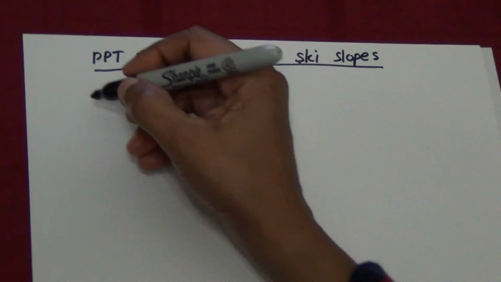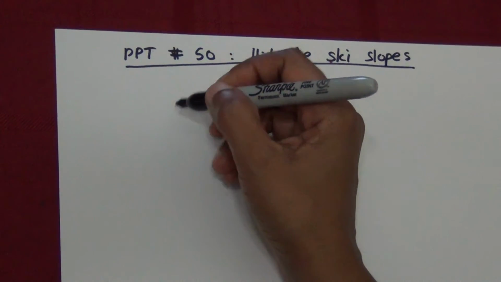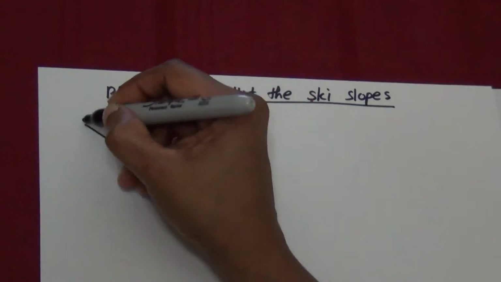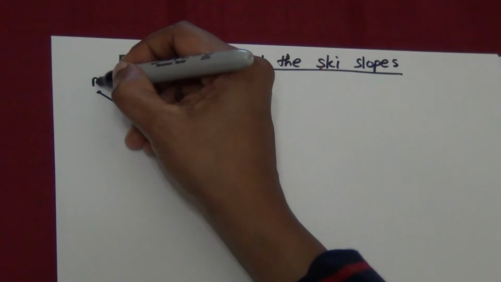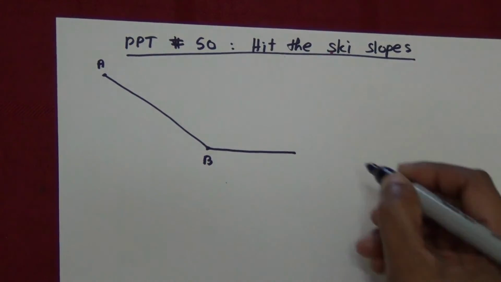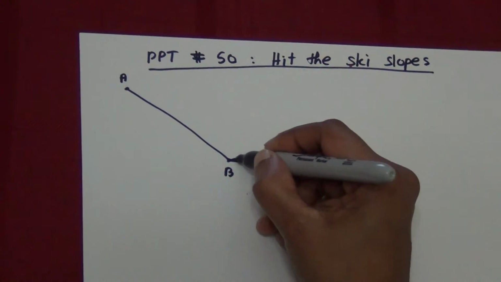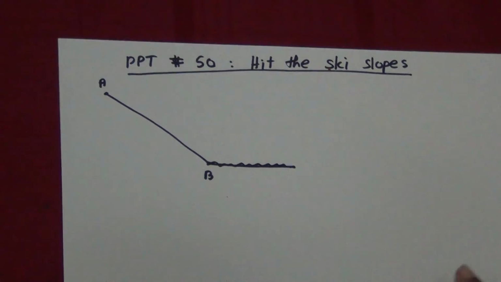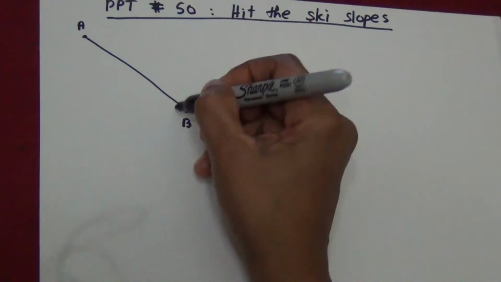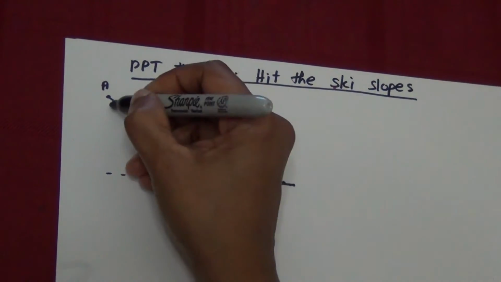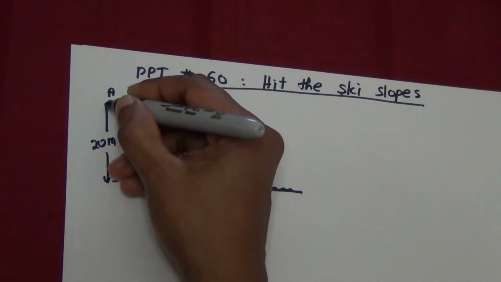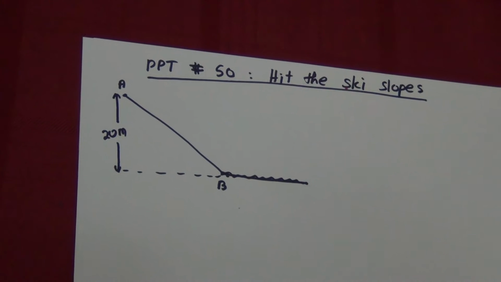So the problem is similar to an example we did earlier. There is a skier who slides from a position A to B, and there is a horizontal surface which is actually rough, right? So what else they have given? This height is 20 meters.